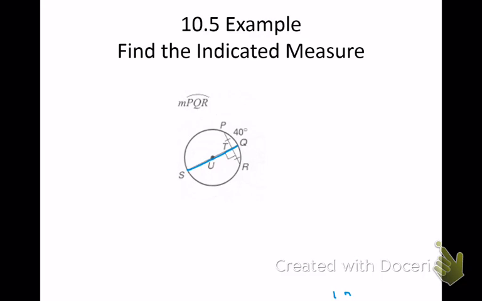It's perpendicular to PR, and it's bisecting PR, which means it's also bisecting this arc here. Okay. So if arc PQ is 40, then arc QR is 40, which means that the whole arc PQR has to be 80. Okay? Make sense? All right.